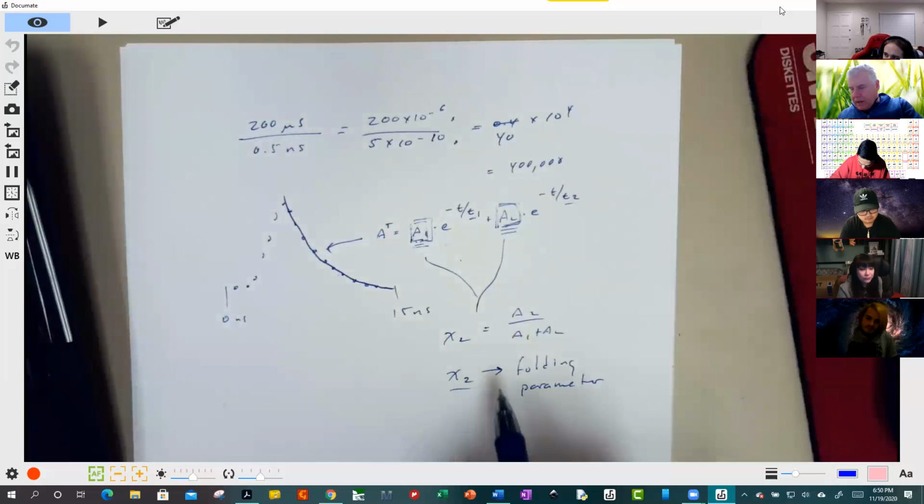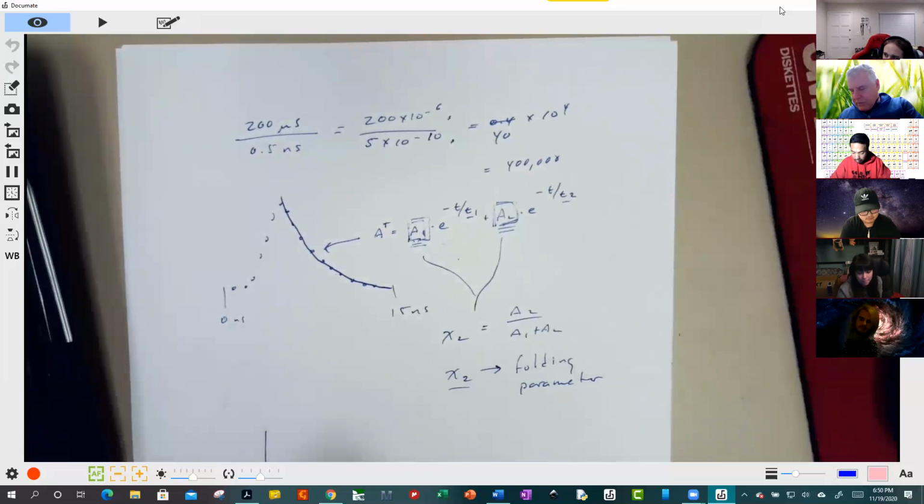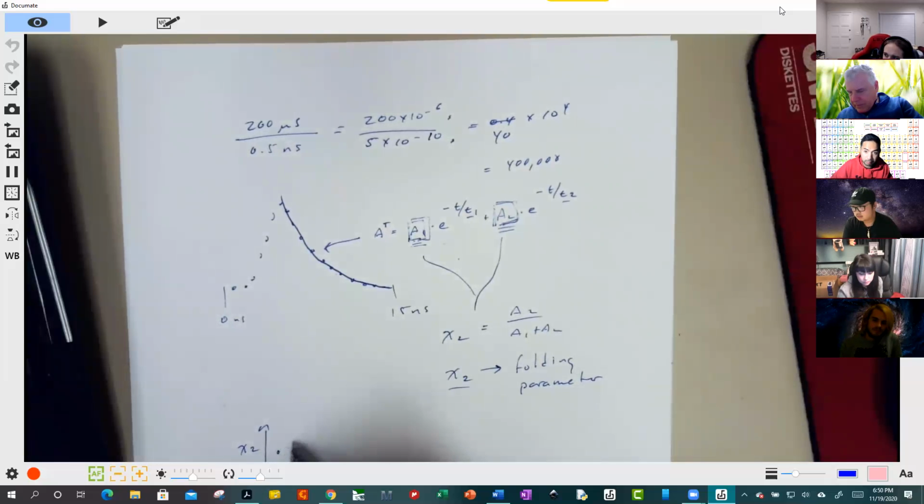And so they just plot chi2 versus time after the heating pulse. And then it looks like that.